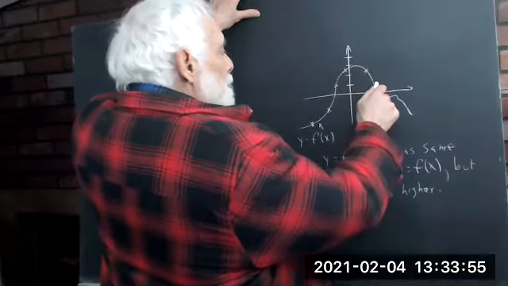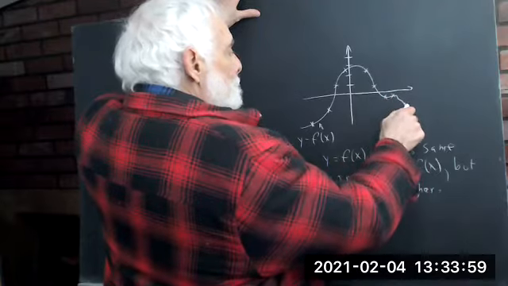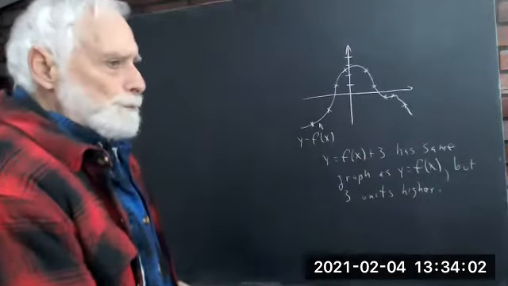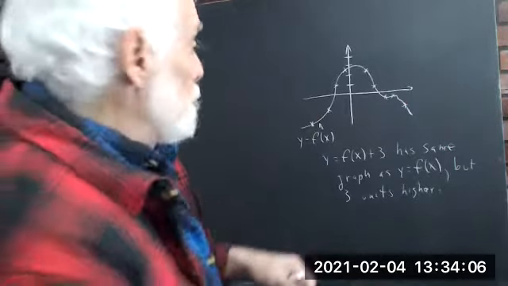So I can pick a series of representative points here. And I can take an arrow of length 3 in the vertical direction.